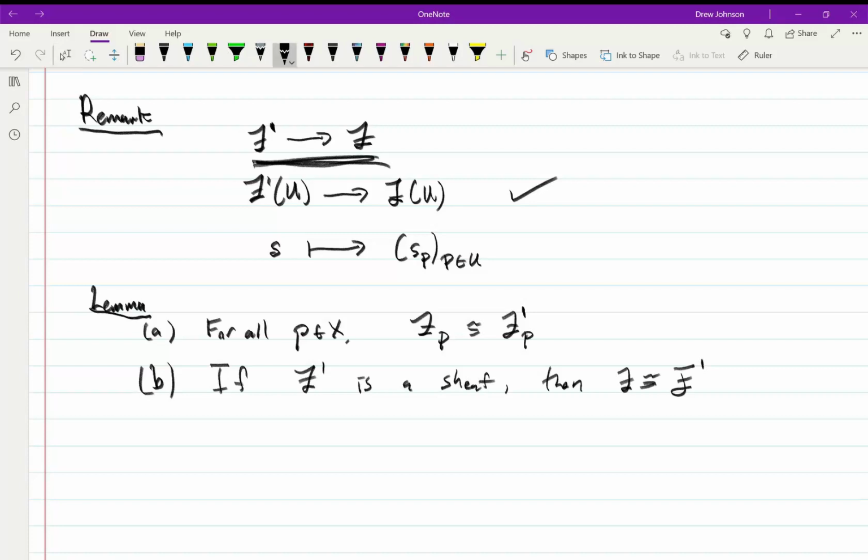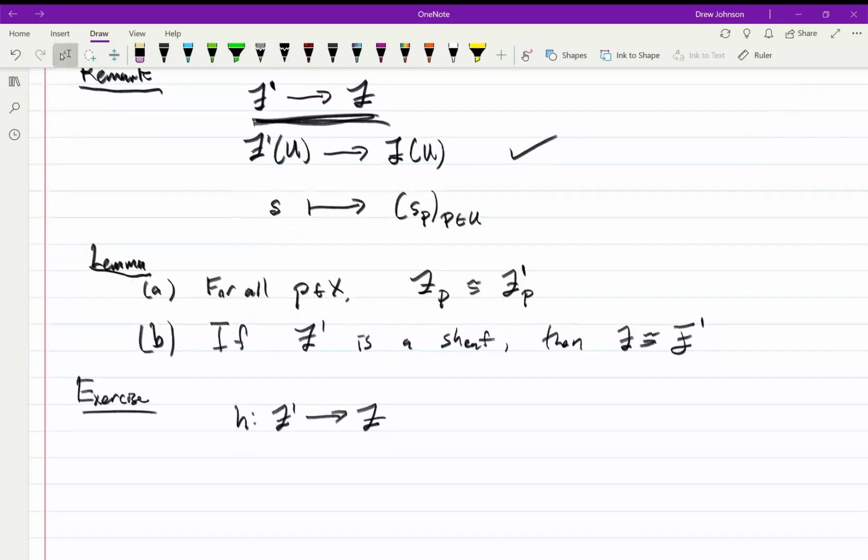Let me instead give you this exercise. I'll probably assign it as an exercise, but I think it's a useful observation here. It's a universal property for sheafification. Let H be the map that we talked about from a pre-sheaf to its sheafification.